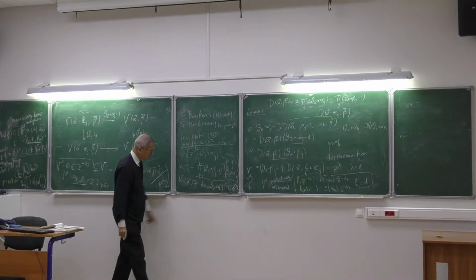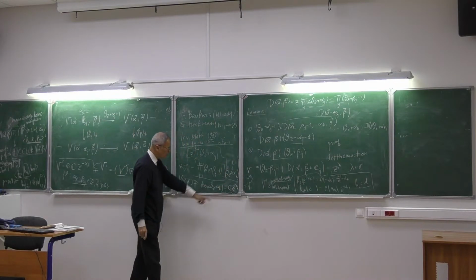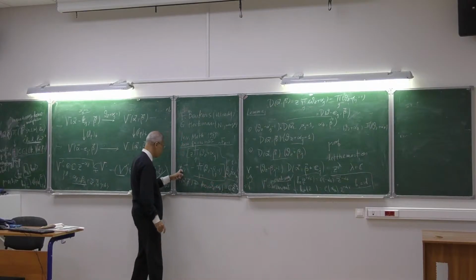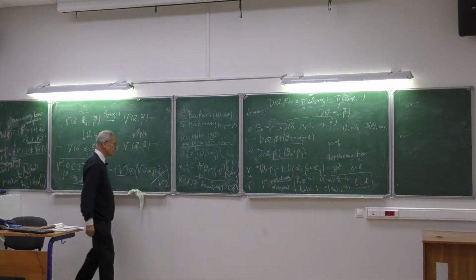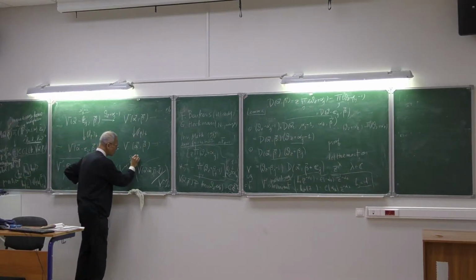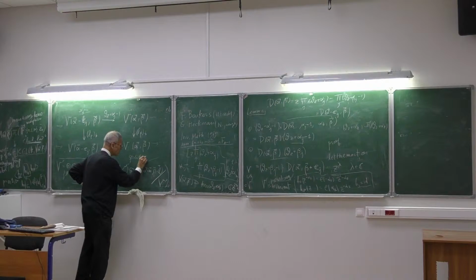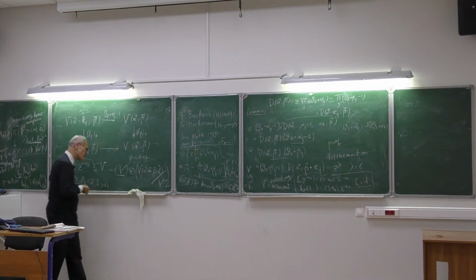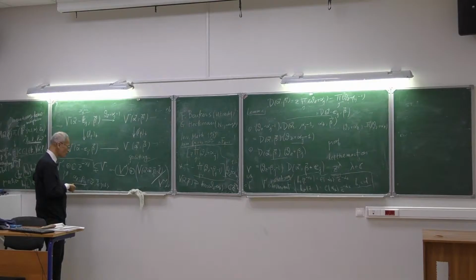In this case, there is a dimension 1 vector subspace and a dimension k minus 1 one. This kind of splitting happens. That is, say, this is reducible.